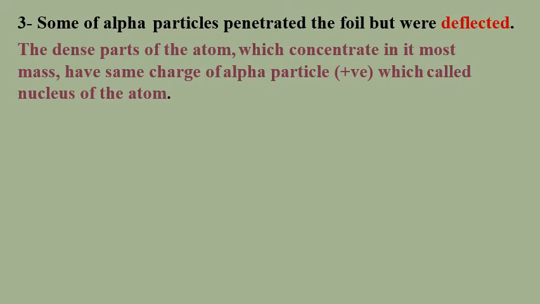And this is the same charge as the alpha particle. The charge of the alpha particle is positive. And this object that has a high density and is located in the center of the atom has the same charge, so the alpha rays that hit this object will deflect, as both of them have the same charge.